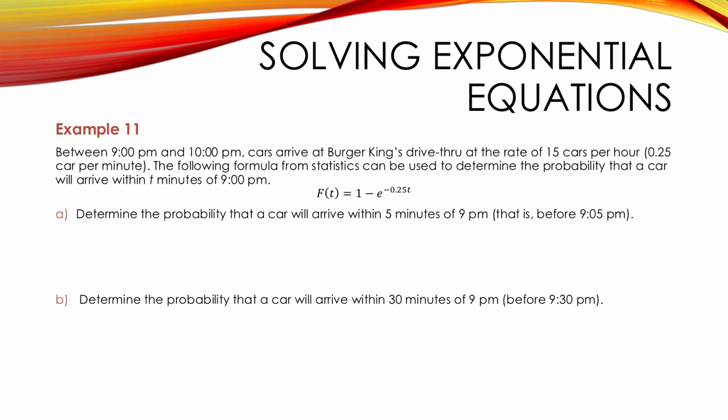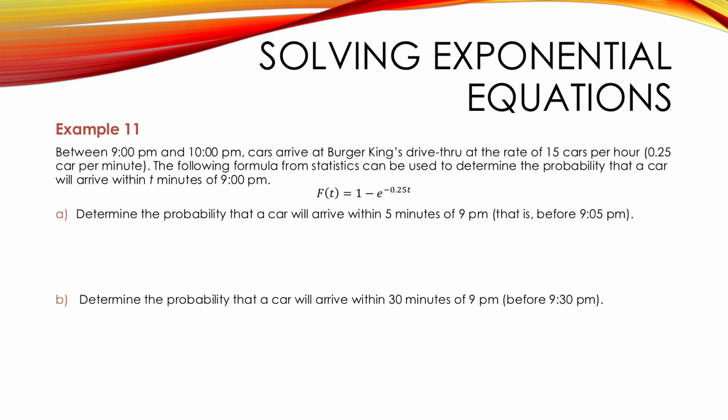And our last example is, of course, a word problem. So how can I apply all of these exponential equations? Well, between 9 p.m. and 10 p.m., cars arrive at Burger King's drive-thru at the rate of 15 cars per hour, which is a quarter of a car per minute on average.